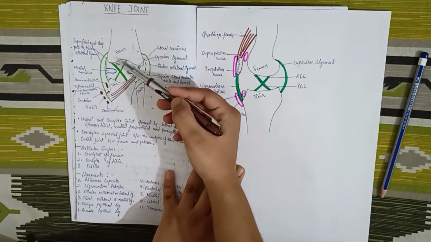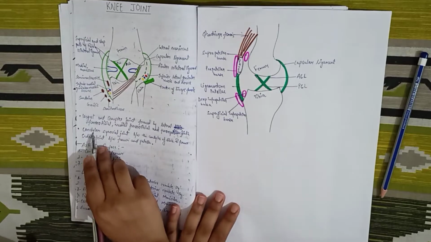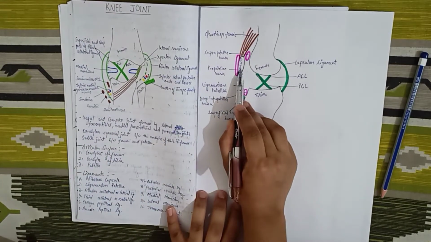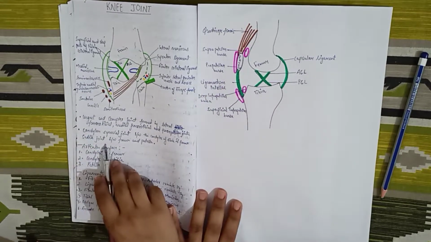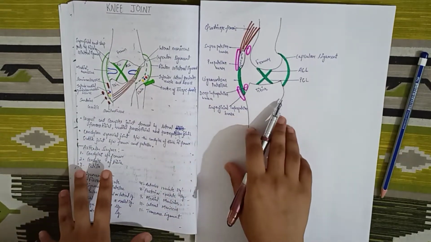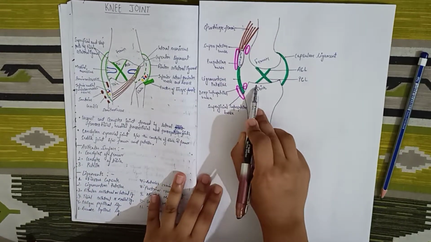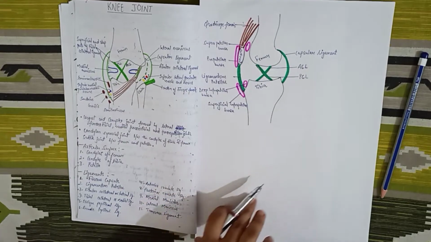The joint between femur and tibia is a condylar synovial joint, and the joint between femur and patella is a saddle joint. So we are clear with the articular surfaces: condyles of femur, condyles of tibia and patella.